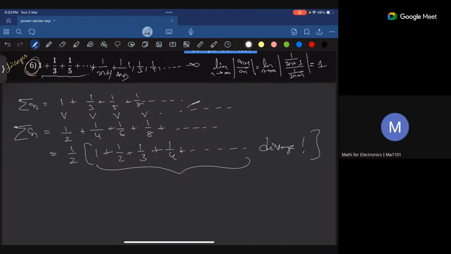Half of that will not change anything, since half of infinity is infinity, so c_n will also diverge. So we got a divergent series where each term is less than our series terms. Therefore, using the comparison test, we can prove that 1 plus 1/3 plus 1/5 plus 1/7 will also diverge.